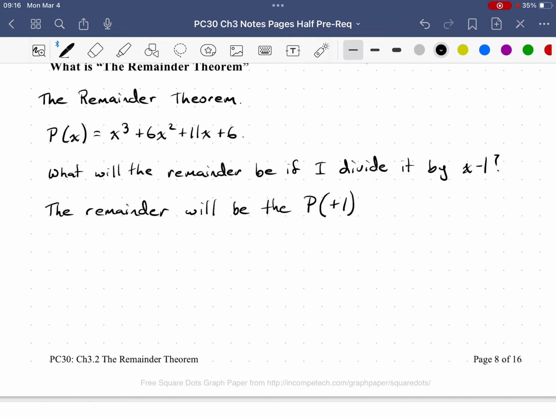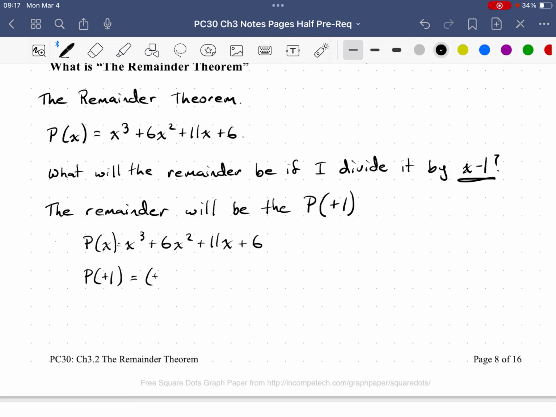So we'll just see how that looks. If our polynomial is x cubed plus 6x squared plus 11x plus 6, then the remainder, when we divide it by x minus 1, we evaluate the polynomial at plus 1.